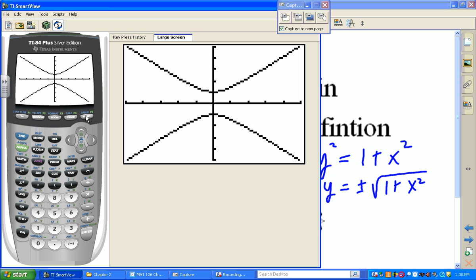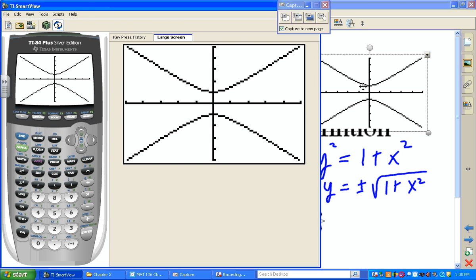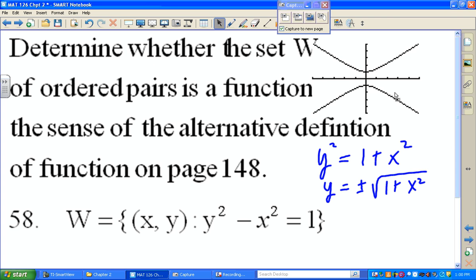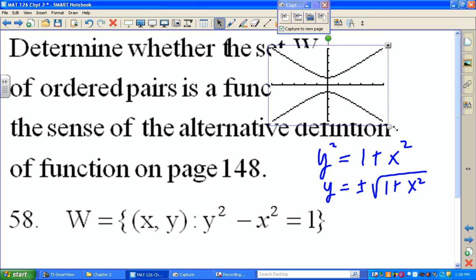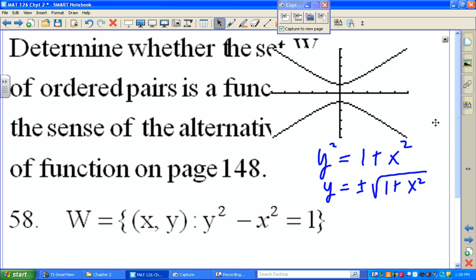I never taught hyperbolas, though. Yeah, I'd say that's not a function. You don't need to use the alternative definition. You can figure it out. It doesn't pass the vertical line test. Therefore, it's not a function. Not a function.